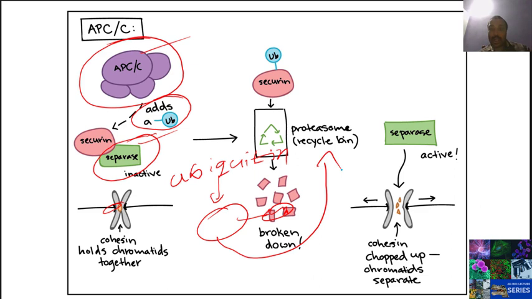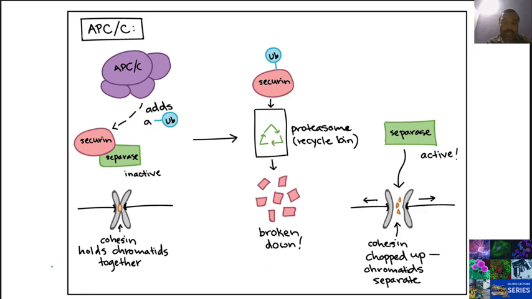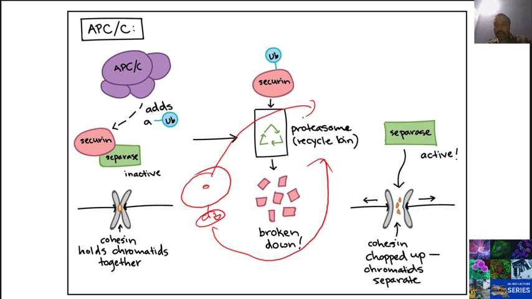Proteasome is the recycle bin of the cell. In general, when any target is tagged with ubiquitin, it is sent to the proteasome for destruction, or the cell destroys the tagged element inside the proteasome complex.